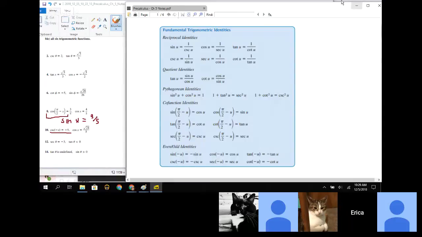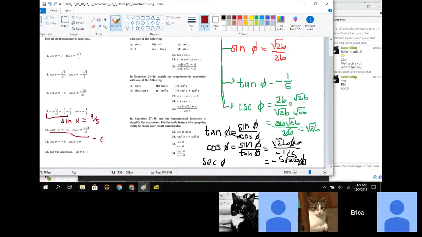So another way I could rewrite this is negative cosecant of x equals negative 5, or the cosecant of x equals positive 5. So some of them might give you a little trick as to what that means.